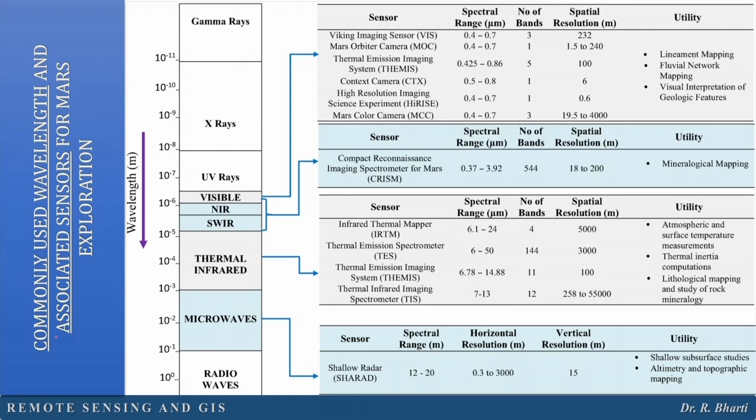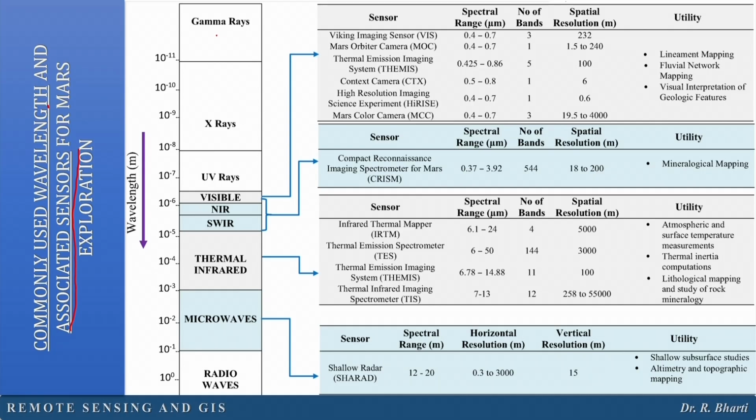Let us understand the different types of sensors available and their potential applications. Here you can see the commonly used wavelengths in different studies and associated sensors, that is, the sensors in space which give data of the Martian surface, in what wavelengths they work, and what the major utility of that data is.